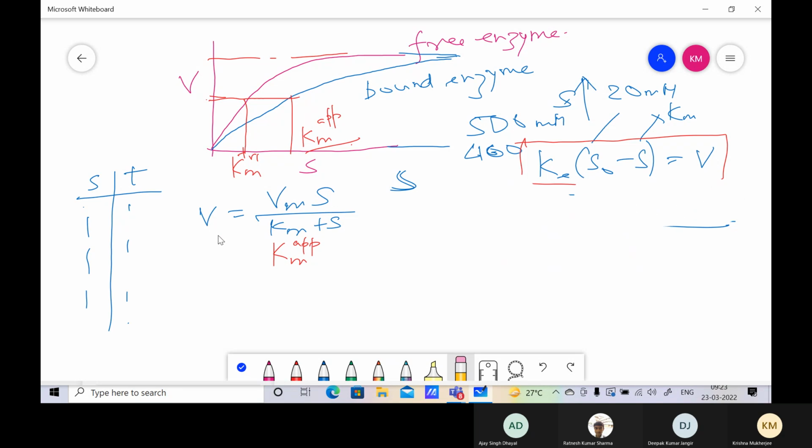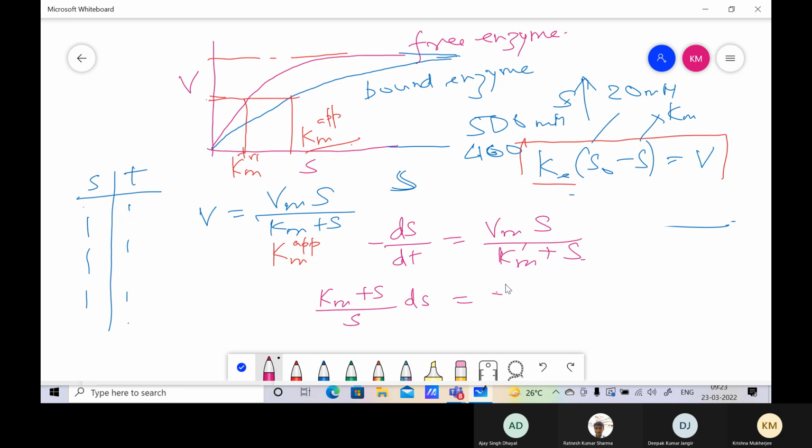V is nothing but minus dS by dt is equal to Vmax S upon Km apparent plus S. I'm just putting a star or dash here. And so what do we have? We have (Km dash plus S) upon S dS is equal to, with a minus sign of course, minus Vmax dt.